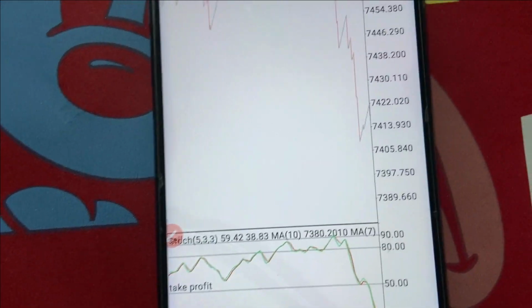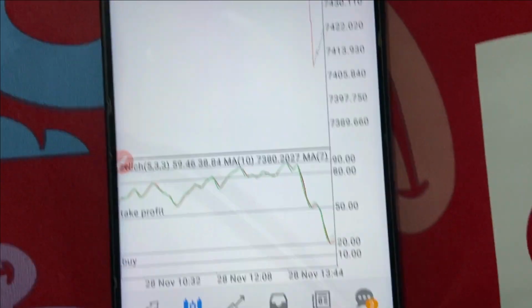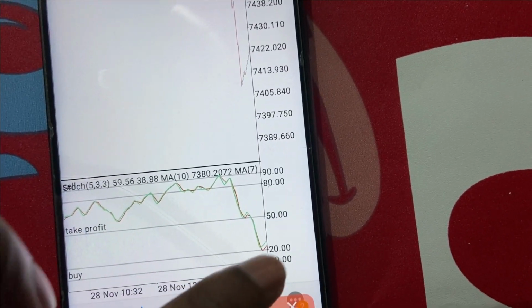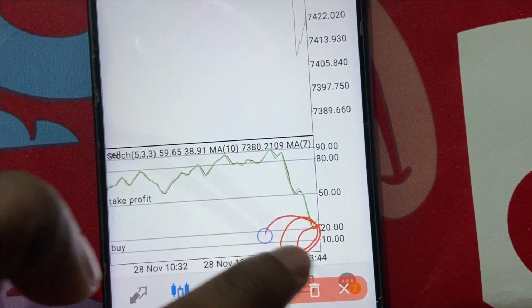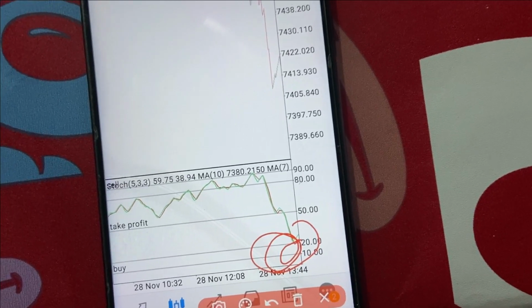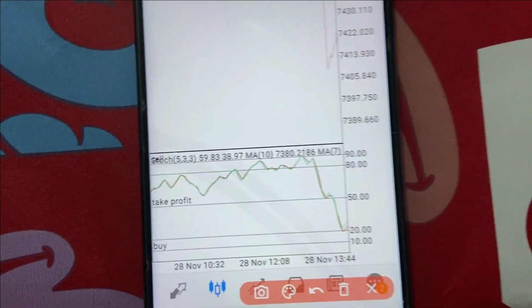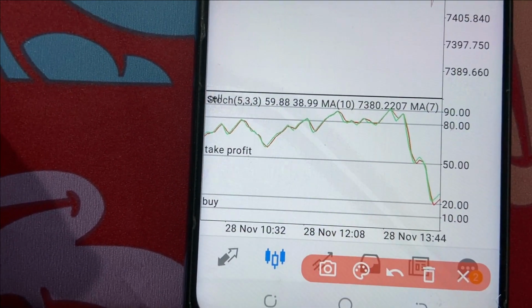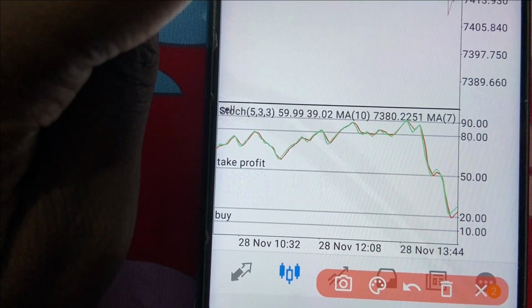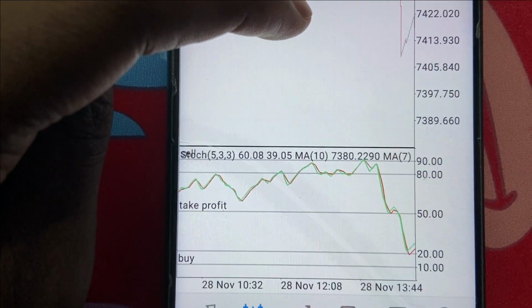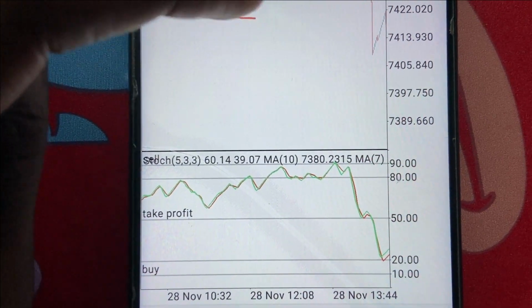Let me try to draw what I'm talking about. So this is your entry zone. Let's say you place a trade there, and pay attention as I scroll.